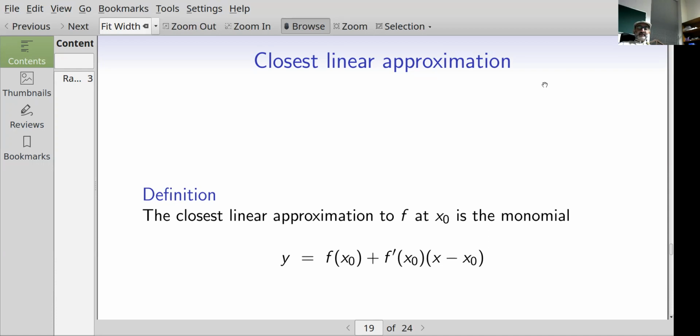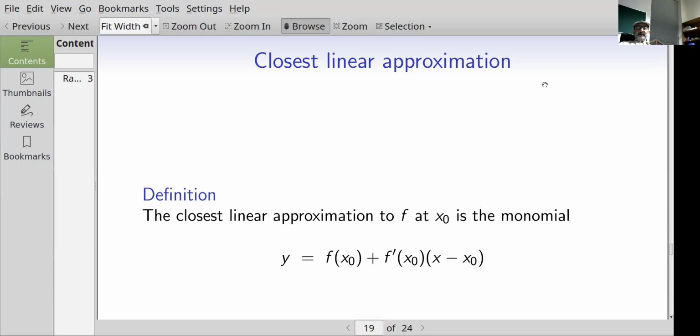Okay, so this monomial y, which I'm calling the closest linear approximation to f at x naught, is constructed in such a way that the value of y at x naught agrees with f of x naught. And the derivative of y, the rate of change of y at x naught, is the same as the derivative of f at x naught. Okay.